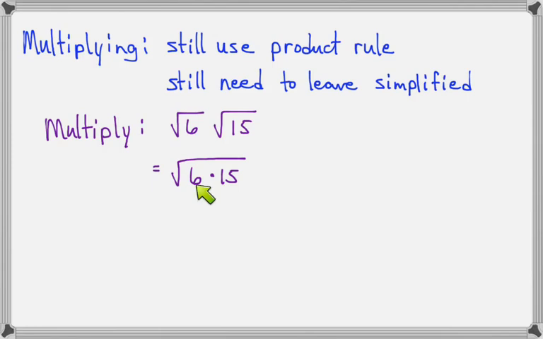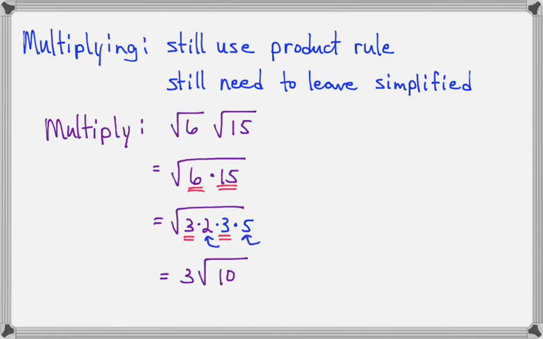Now let's break down the 6 and break down the 15. See, 6 is 3 times 2. 15 is going to be 3 times 5. Look what we've got, a pair of 3's. Now the square root of a pair of 3's is going to be 3. What stays under the radical? This 2 and this 5 are still under there.